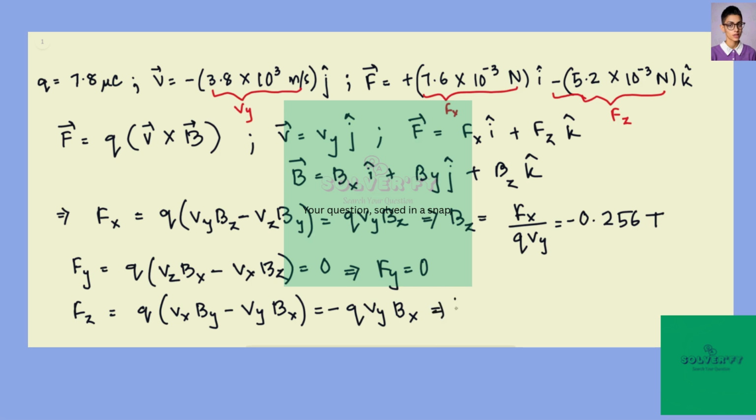And we can find Bx from here, which is going to be equal to Fz over q times Vy, negative Fz obviously. And this is going to be equal to negative 0.175 Tesla. So this is for part A.